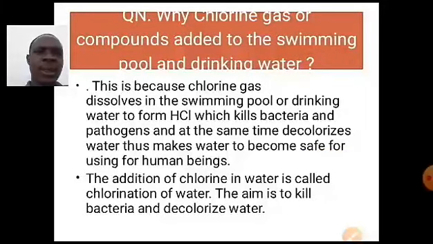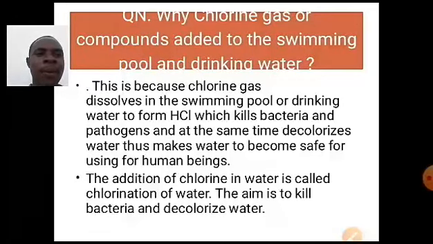Question: why are chlorine gas or compounds of chlorine added to swimming pools and drinking water? This is because chlorine gas dissolves in the swimming pool or drinking water to form hydrochloric acid, which kills bacteria and pathogens. It also forms another product, hypochlorous acid, which bleaches and makes the water clean.